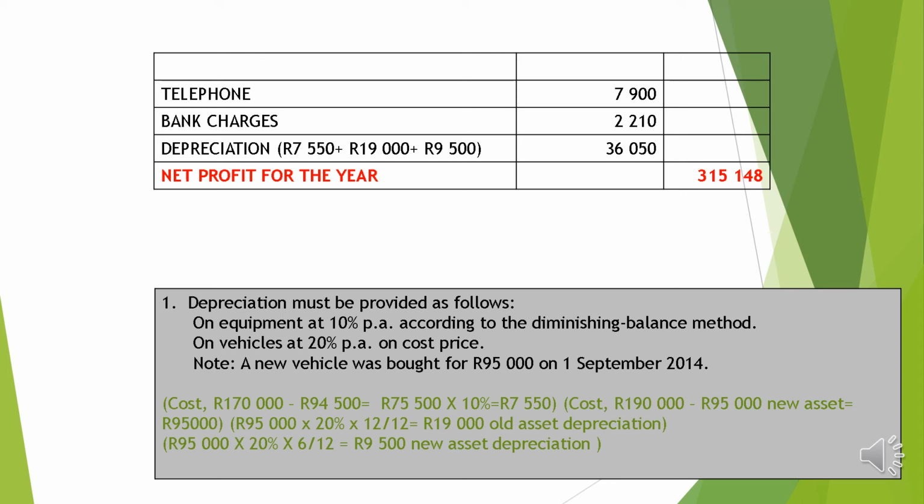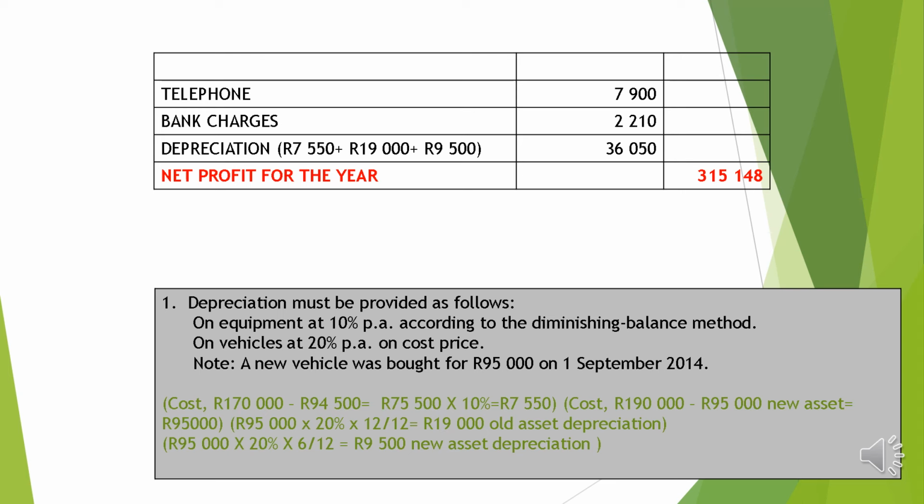Then for depreciation, we said 7,550 for depreciation on equipment plus 2 depreciations from vehicles. The old assets depreciation was 19,000, and the new vehicles depreciation amounts to 9,500 rand. Therefore, we got a total of 36,050 rand.